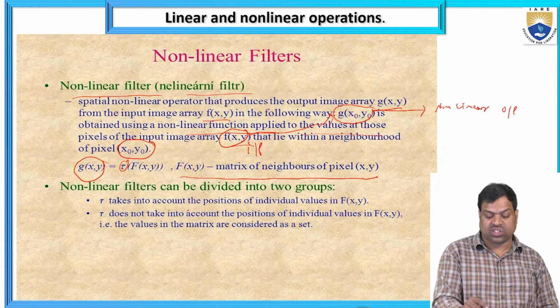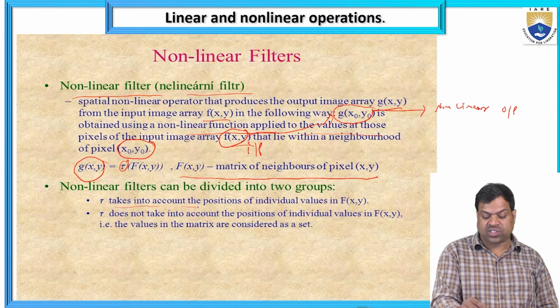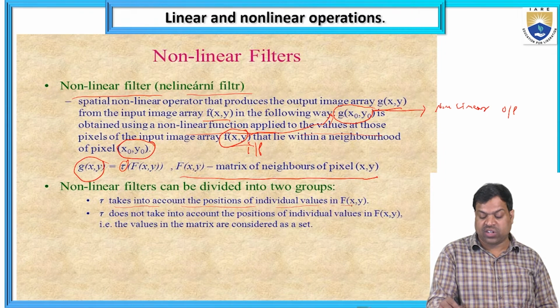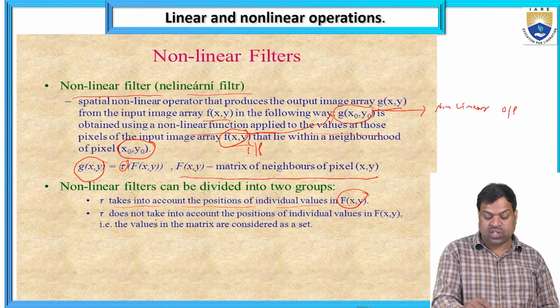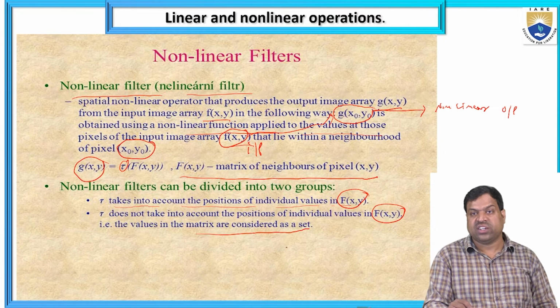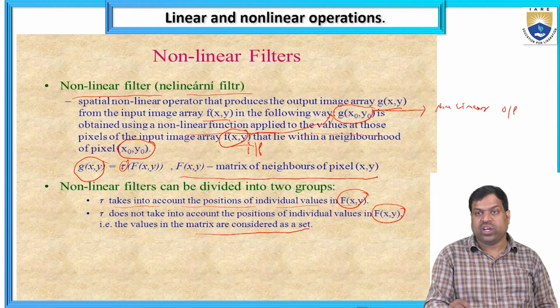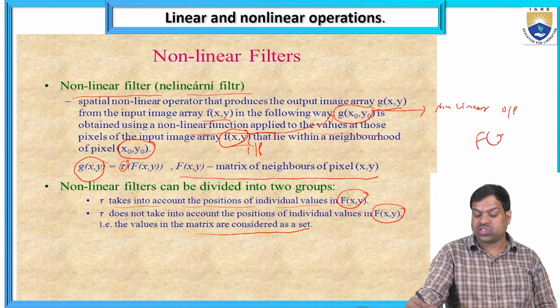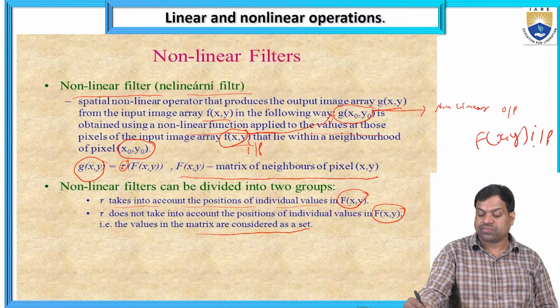What are the two groups? In the first, tau takes into account the positions of the individual values of f of x comma y. In the second, tau does not take into account the positions of the individual values of f of x comma y, and the values of the matrix are considered as a set. Here I am taking f of x comma y as input, but these are the individual values.